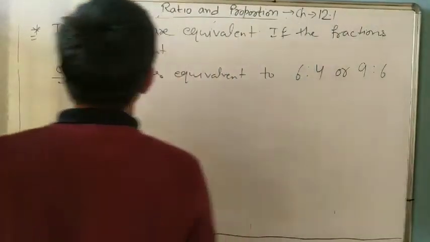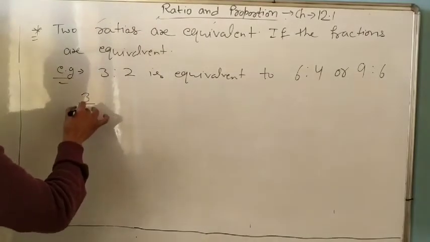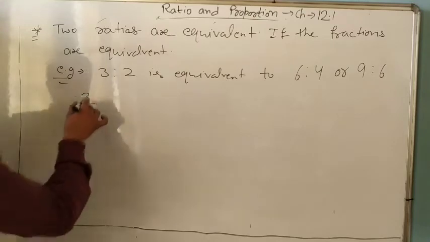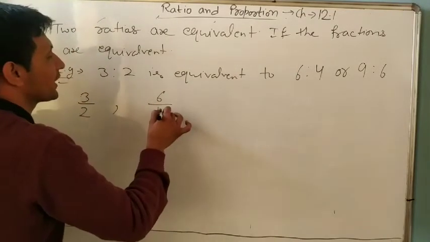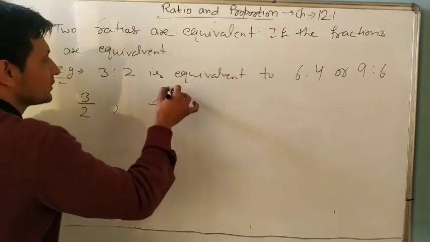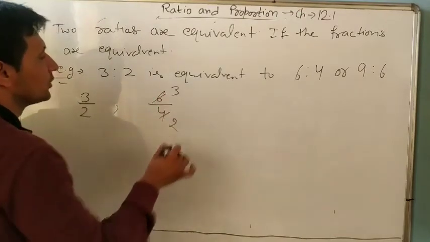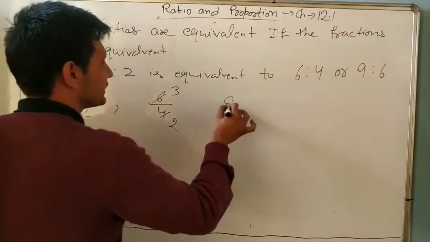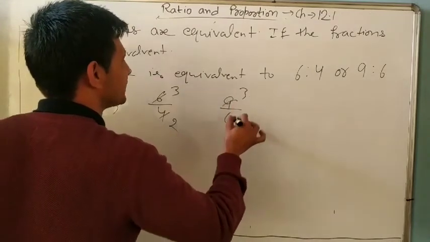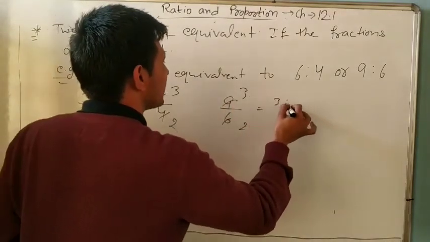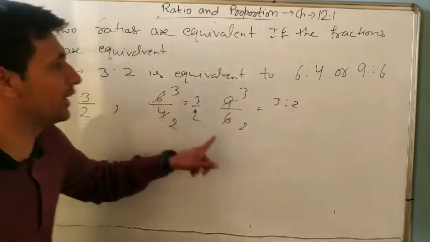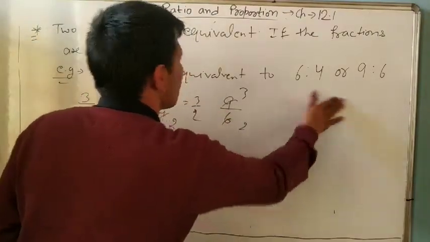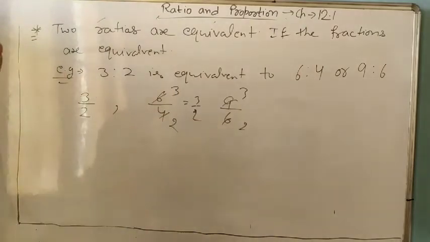They are equivalent, like this one, 3:2. Okay, what is ratio 3:2? 3/2, same as the ratio of 6:4. When we cut 2 threes, 2 twos, same as this 9 divided by 6, 3 threes, 3 twos. So it is also ratio 3:2. So 3:2, all are 3:2. So these all are equivalent.